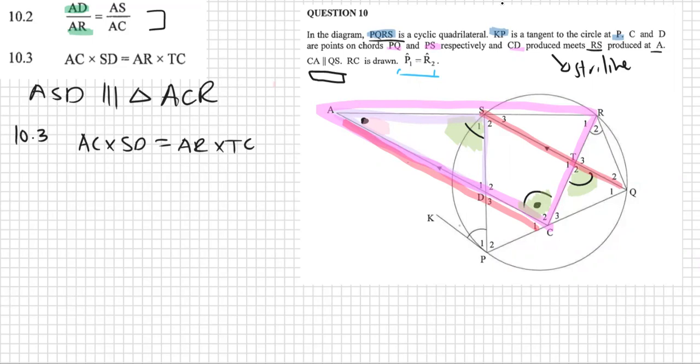One way I can work out what proportions we're working with is to cross divide. So I could, for example, say AC divided by AR is equal to TC divided by SD.